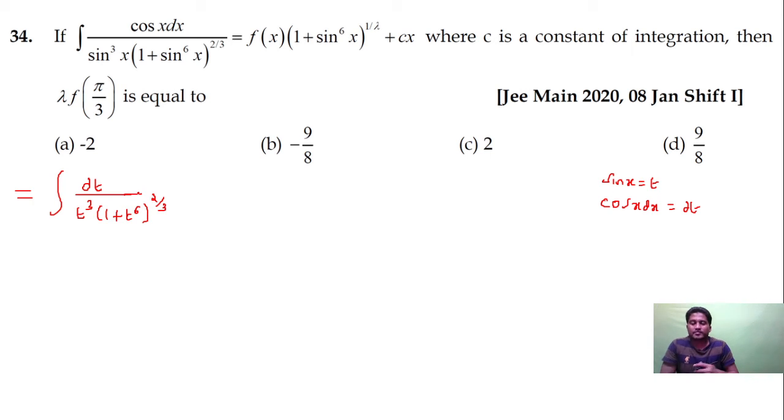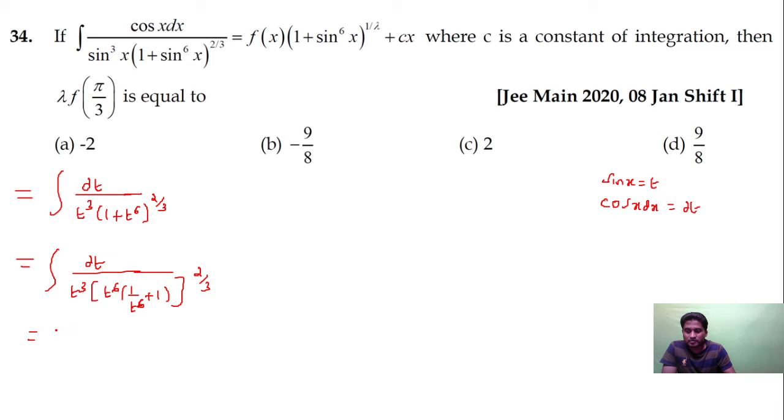Okay, we have done many questions like this. You should always take the highest power of t outside. We have done 2019 problems, guys. So t cube, and I'm going to take t power 6 out.